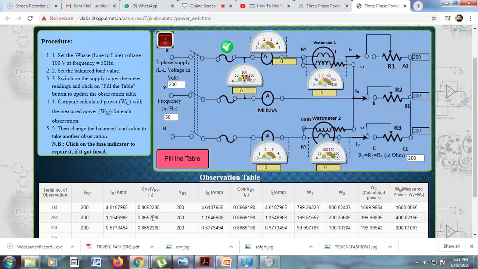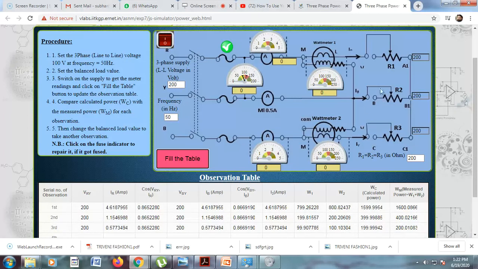Okay, the power factor is almost the same in each case. The calculated value is VR into IR into cos phi equals W1, and VB into IB into cos phi equals W2. That is W1 plus W2, the calculated value, and this is only the wattmeter reading summation, 99.907785 plus 100.10304. This is the measured value.